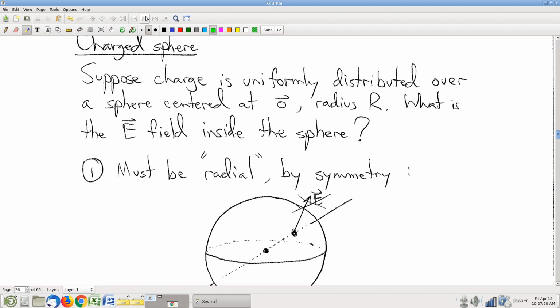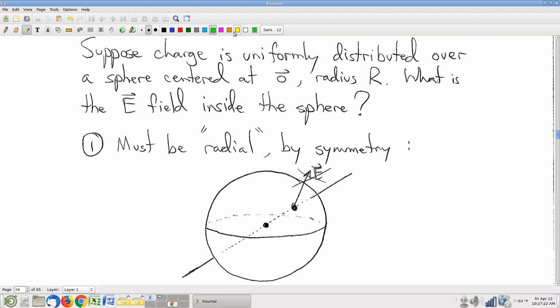So let's think about a charged sphere. We have charge uniformly distributed over a sphere like this. Right? And let's ask the question, what is the electric field that this distribution of charges creates? Now, I remind you, what a terribly intimidating question, right?